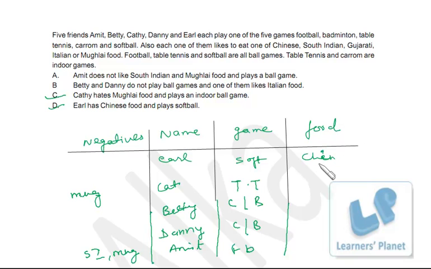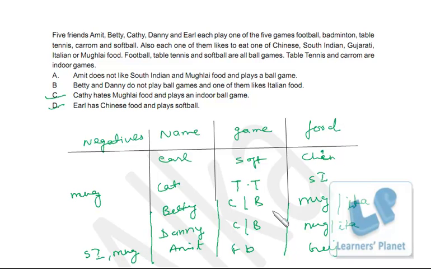Okay, now here Chinese is covered, Mughlai cannot be here, Mughlai cannot be here, so one of them should be eating Mughlai, and one of them likes Italian, but we don't know who likes Mughlai and who likes Italian. Now South Indian cannot be here, so South Indian must be here. That means the remaining food, that is Gujarati, must be here. Okay, so now the table is complete.